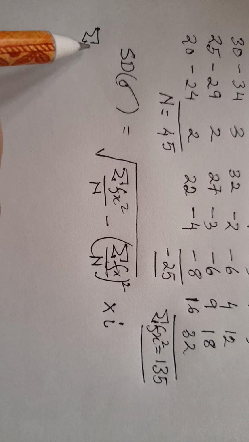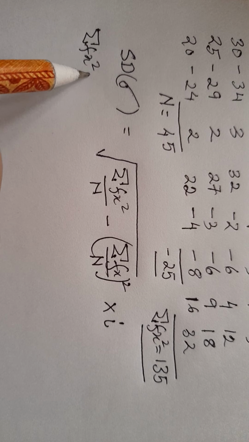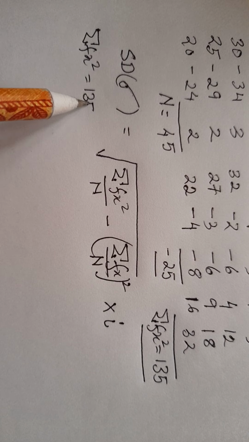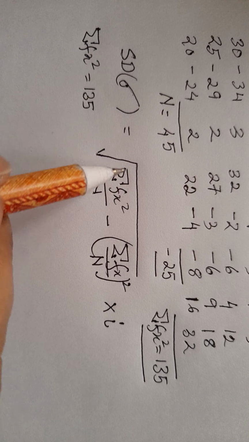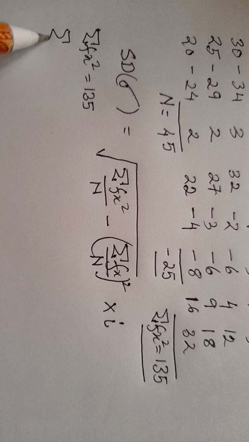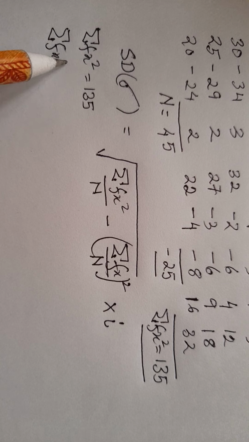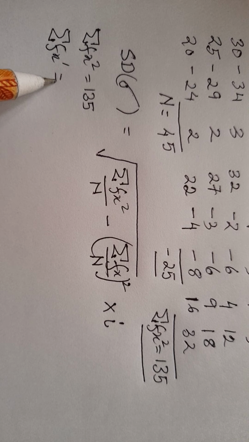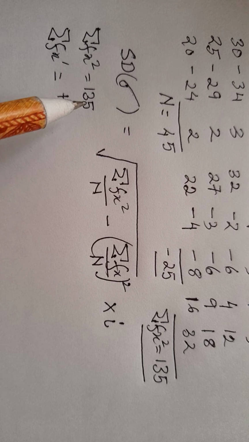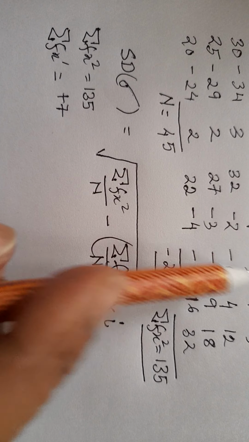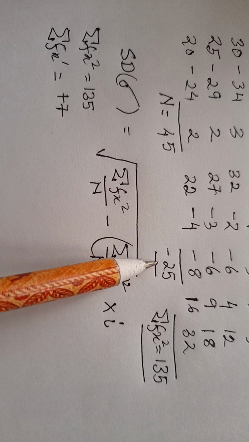Sigma fx square is equal to 135. Sigma fx or fx dash is equal to plus 7. How do we get it? 32 minus 25.